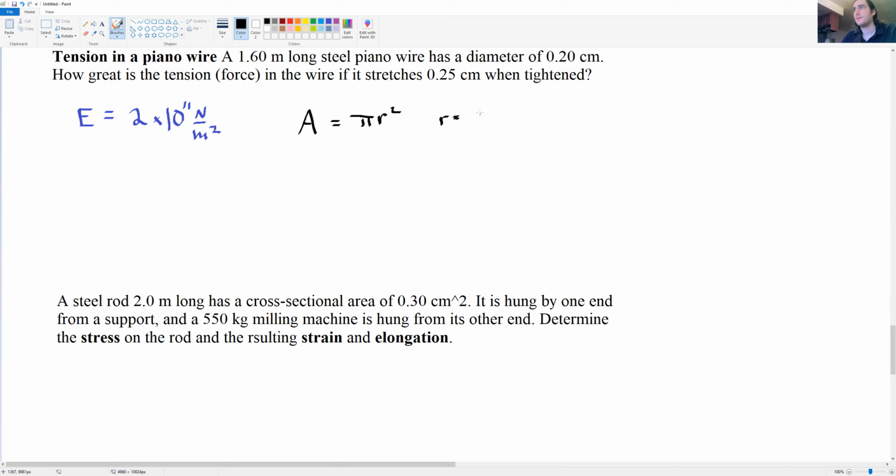The radius is diameter over 2. We're given the diameter in this problem. Of course, delta L is given to us as well, 0.25 centimeters.